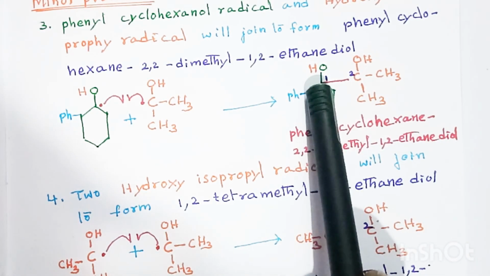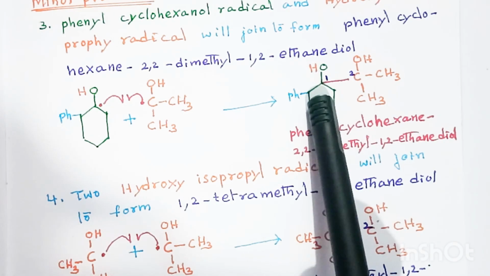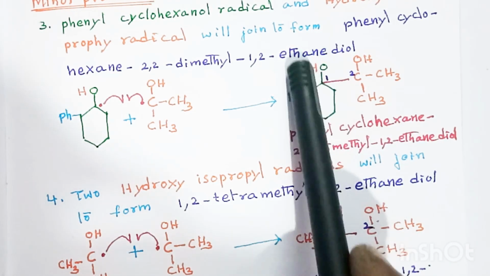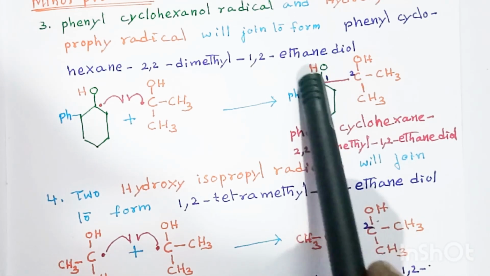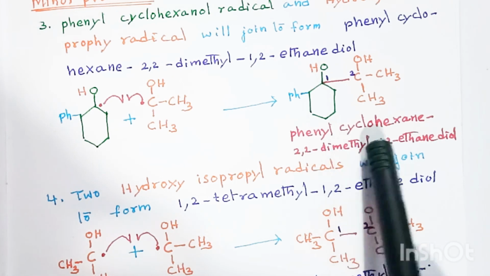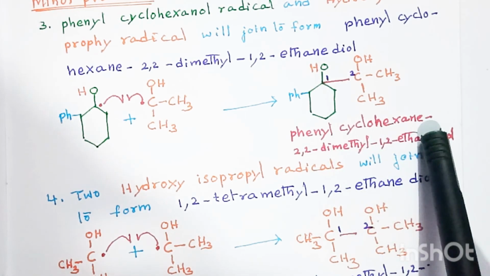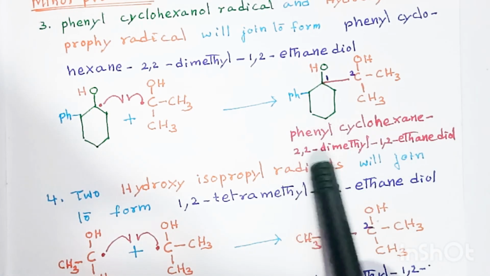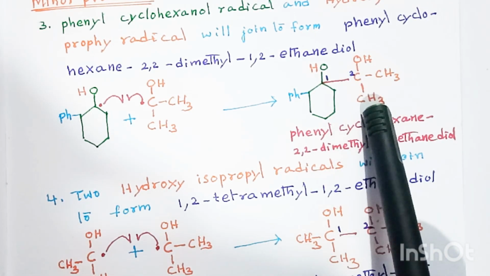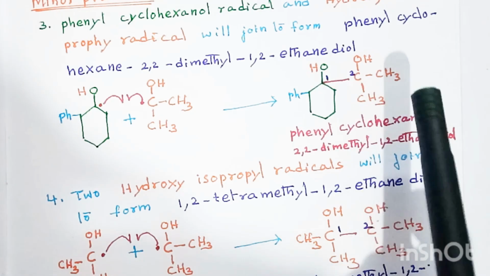So we get phenyl cyclohexane. Here also we are saying cyclohexane, not cyclohexanol, because we will be mentioning the hydroxyl groups later. So we say phenyl cyclohexane 2,2-dimethyl. That means on the second carbon two methyl groups are present.